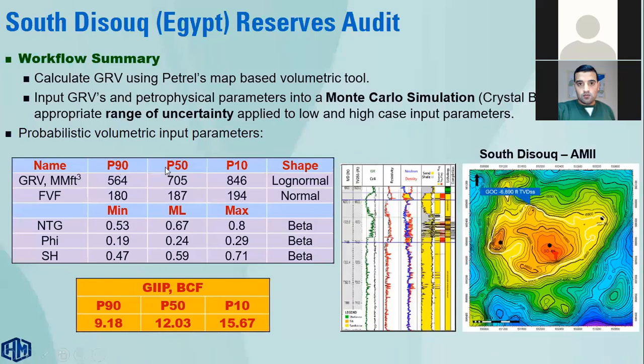And we have P90, P50, and P10, minimum, maximum, and most likely value for every input parameter. Finally, the calculated gas initially in place will be P90, P50, and P10. P10 is the gas reserve at 10% probability of the input parameters, and P90 will be the lowest value, while P10 will be the highest value, as you can see.